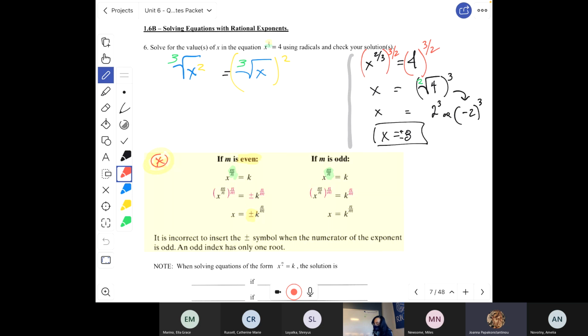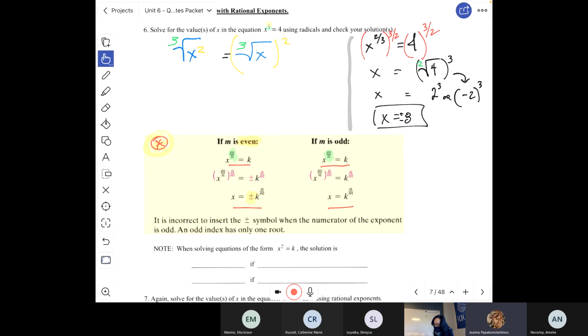So again, I can either look at it in this form, or I can look at it in the form where I've isolated x. So let's look at the difference again.